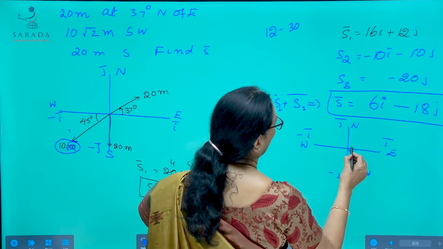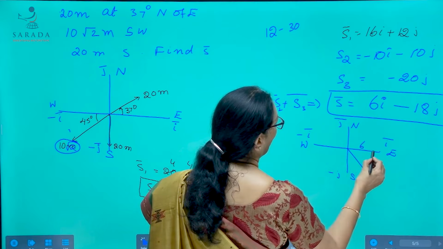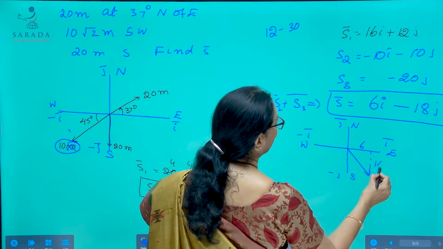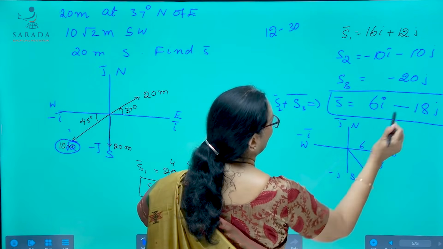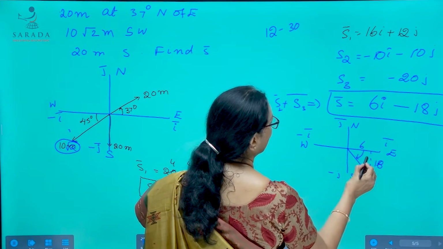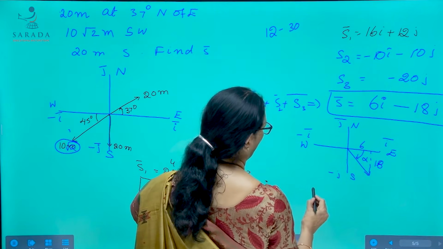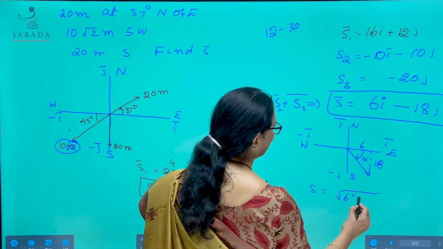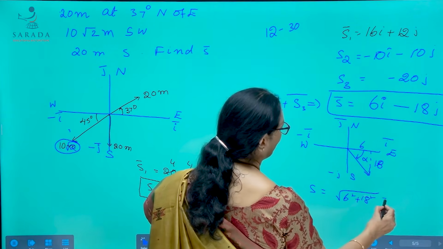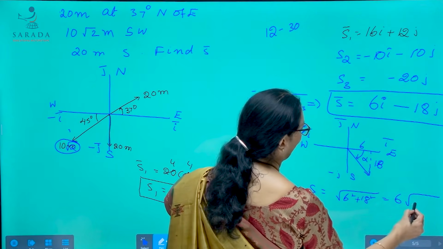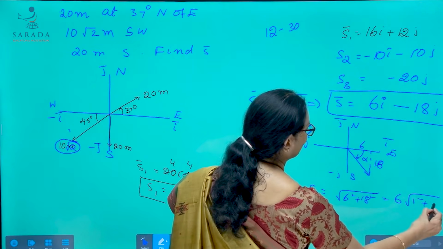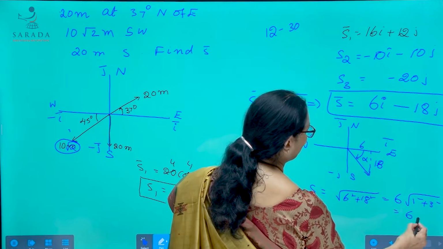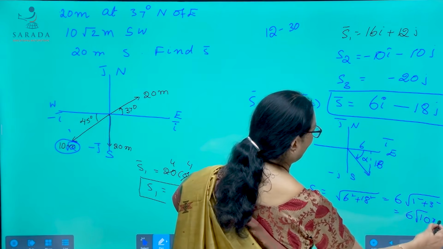X component is 6 and Y component is 18. This is alpha. So, magnitude of the displacement is root of 6 square plus 18 square. If you take that 6 as a common factor, 1 square plus 3 square, it is 6 root 10 meters.